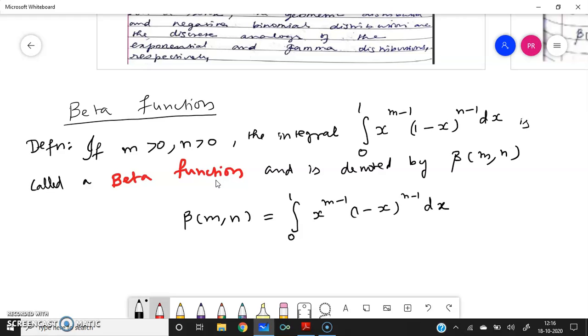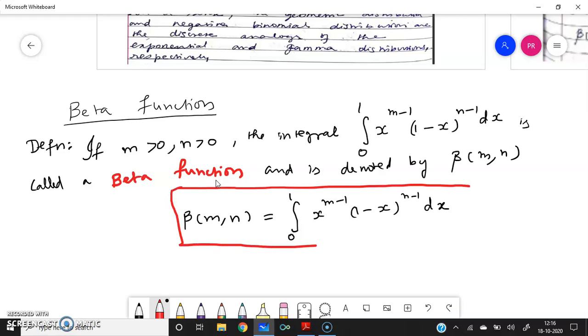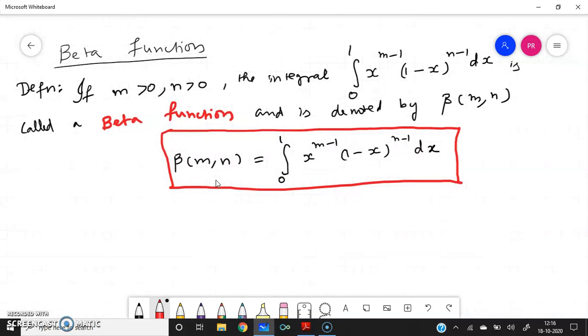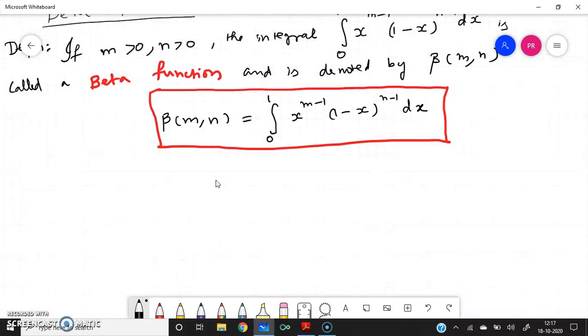Why are we learning this? In order to learn about the beta distribution, we should know about the beta function and gamma function. Only then can we understand the beta distribution. That is the reason we are learning this.